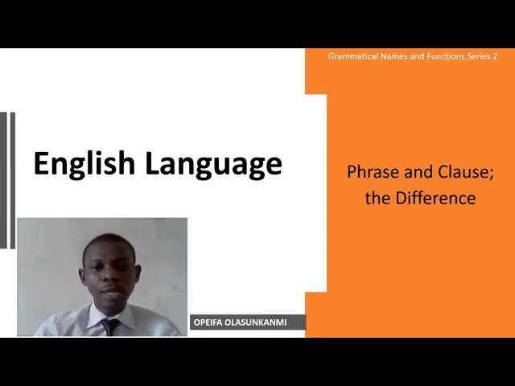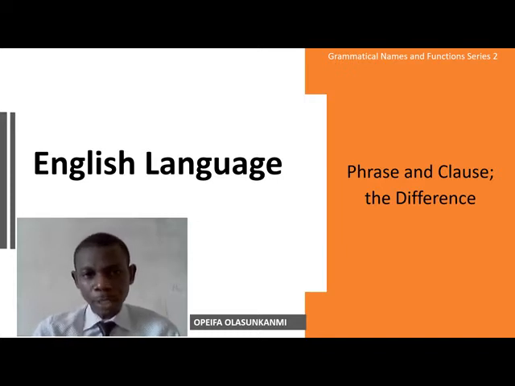You see, with the knowledge of the phrase and the clause and your ability to differentiate between the two, you are halfway into identifying your grammatical names and functions. Just like what we said in our first series, once you are able to identify the finite verb, you will be able to know whether a group of words is a phrase or a clause.